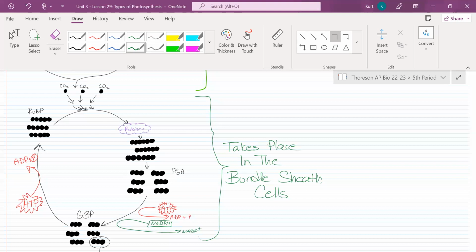And that's going to just waste other resources. So these types of plants live in very, very, very tough climates, very tough environments where you can't afford to lose a scrap of what you need. So because of that, photorespiration has basically been selected against.